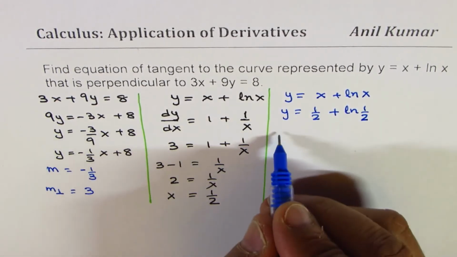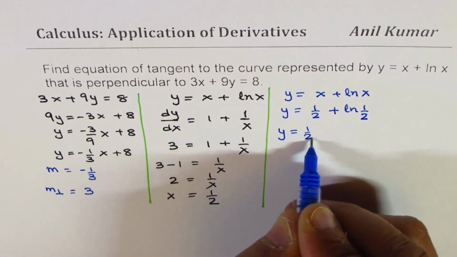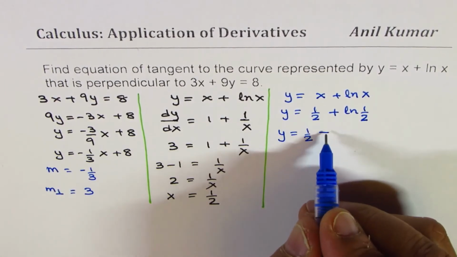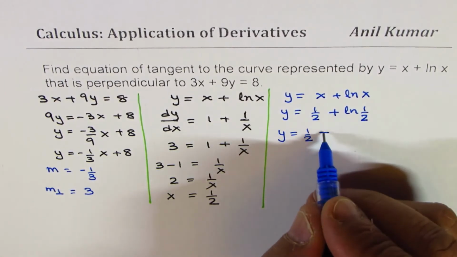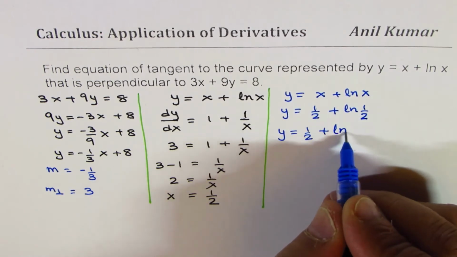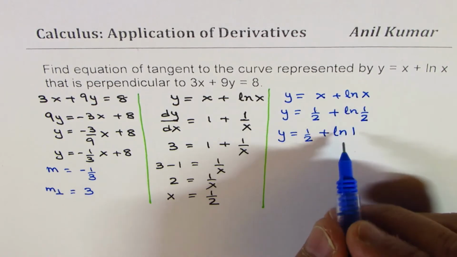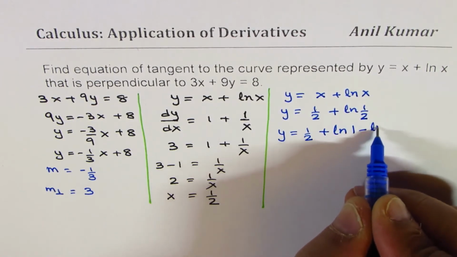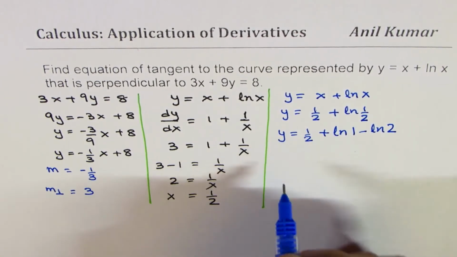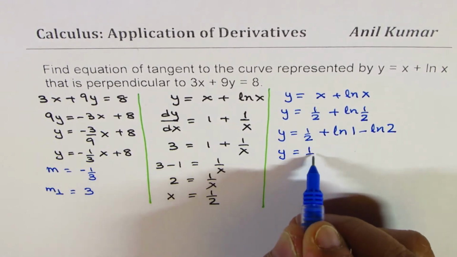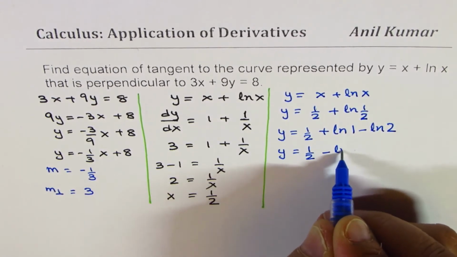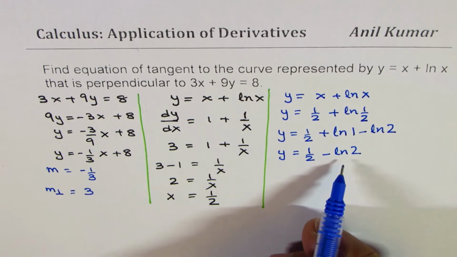Now what is ln(1/2)? We could write this as ln 1 - ln 2, using properties. You could write 2 to the power of -1 also, but we are using properties now. ln 1 is 0, so we can write y = 1/2 - ln 2. Right?